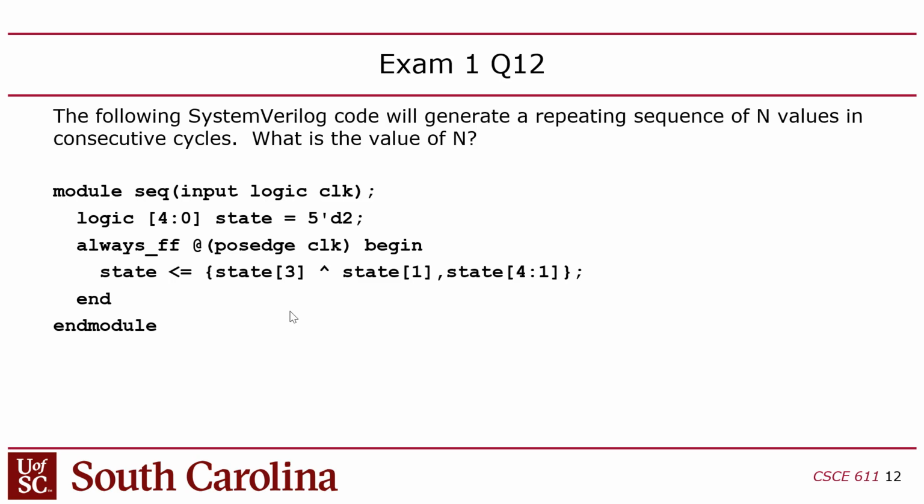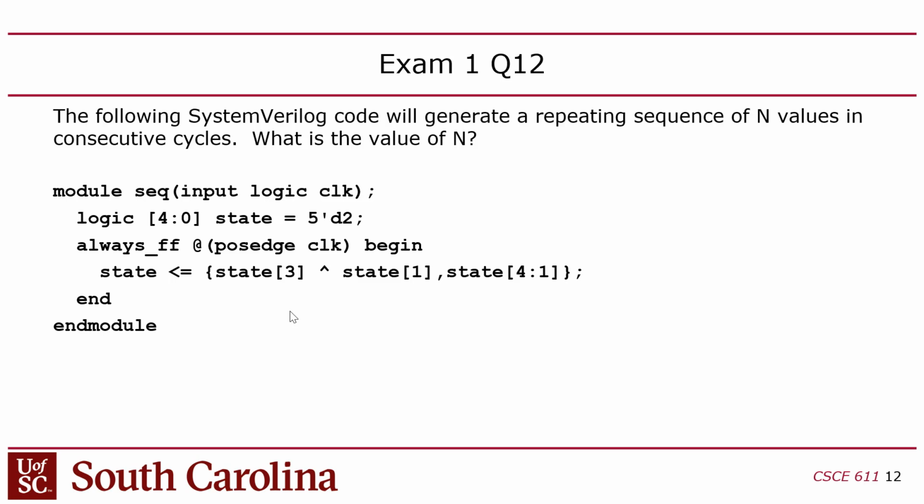So you start out with the state being, and the state is 5 bits here, right? So it's 0, 0, 0, 1, 0, right? So we start out with a value of 2 in 5 bits.